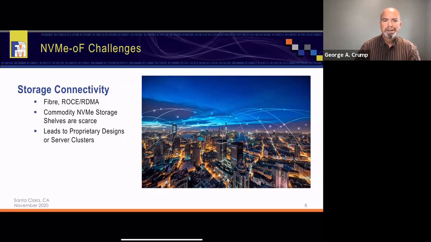What we're seeing is a lot of proprietary designs, or a lot of essentially a scale-out or server/storage cluster approach to the solution, where you're running software on each individual server and leveraging the built-in NVMe that's in the servers, which, by the way, is commonly available in those servers. We see a lot of that occurring. Again, the challenge is that of all the environments, the one that probably doesn't need much scale-out is NVMe over Fabric, because everything else is so efficient.